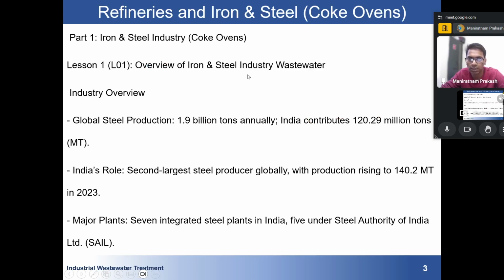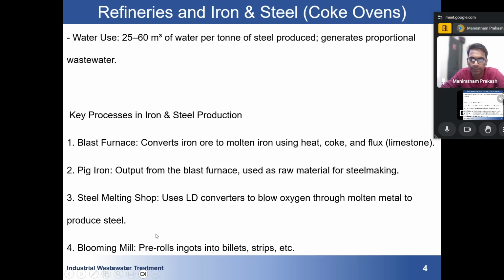Moving forward, first is the iron and steel industry. The overview is that globally we know this much tons of steel is produced, and India contributes around 120 million tons. India is the second largest producer globally, with production rising to 140 million tons in 2023. There are major integrated steel plants in India, such as Steel Authority of India Limited.